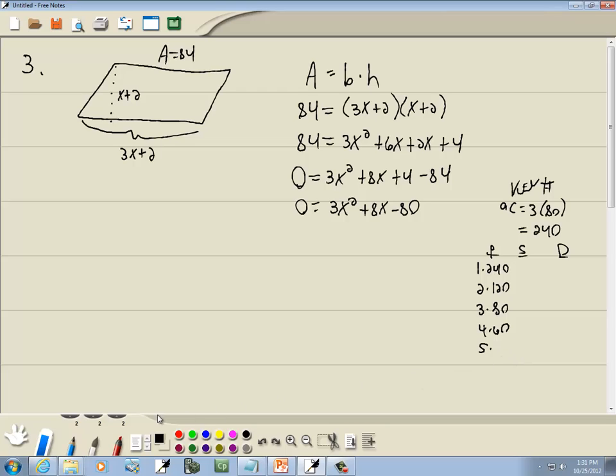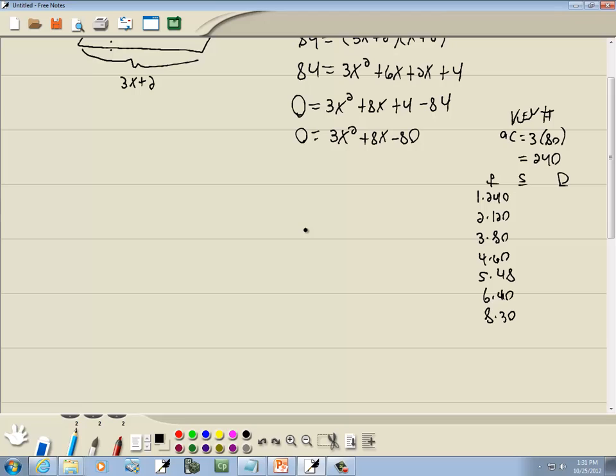I don't usually get to 10 before I draw a blank. 4 times 48. 6 times 40. 7, don't think so. 8 times 30. 9, no. 10 times 24. 11, no. 12 times 20. 13, don't think so. 14, probably not. 15, yeah, 15 times something.